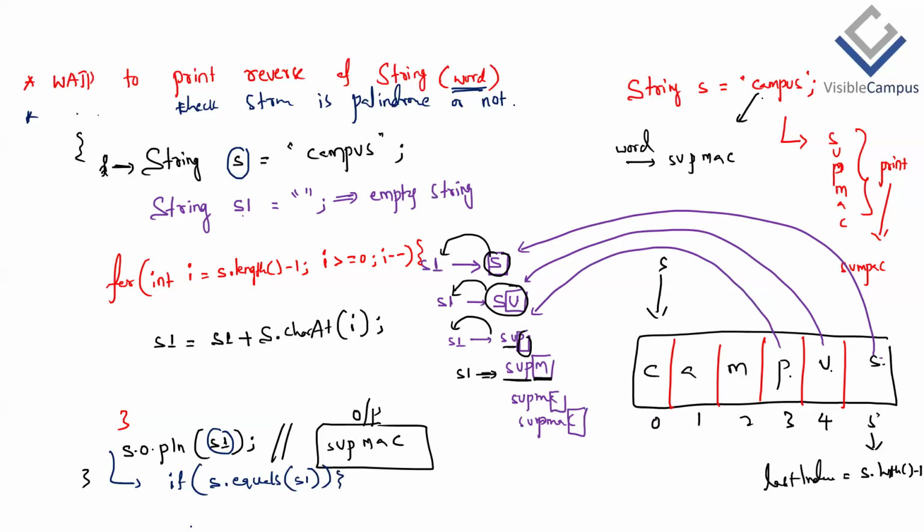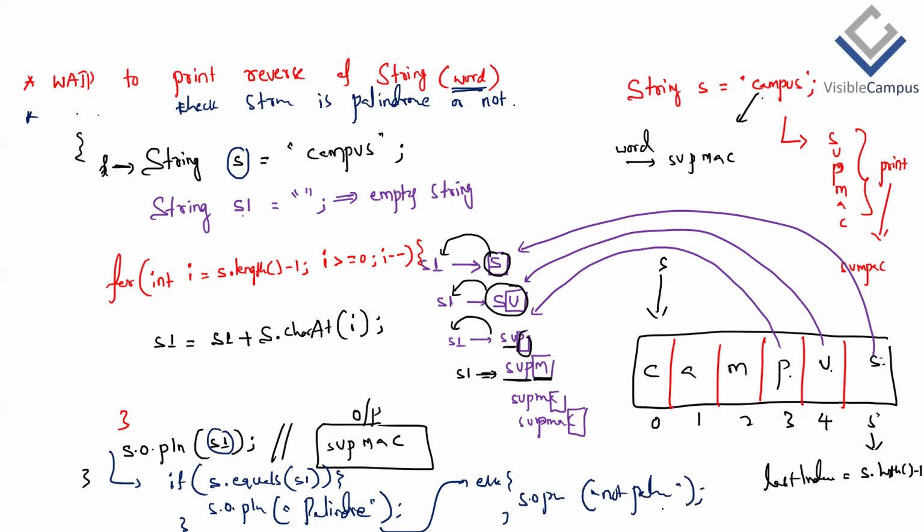Then if this condition is true, we can print that it's a palindrome. If it is not, then in the else part, print not a palindrome. That's all. Clear? Understood? So we'll execute.